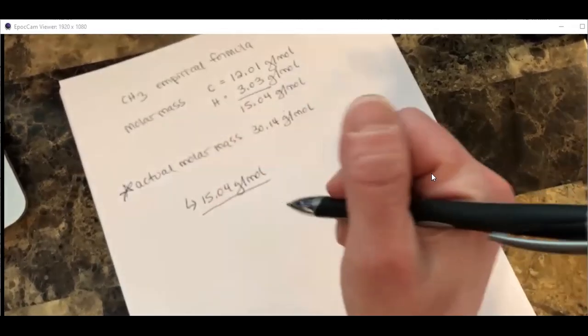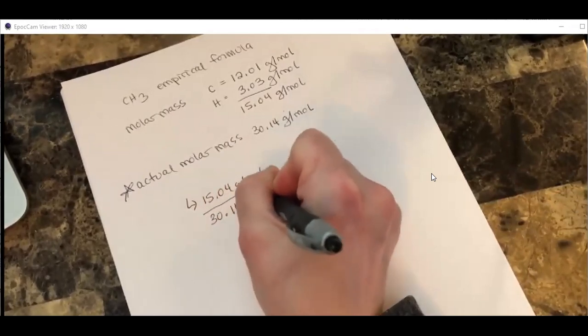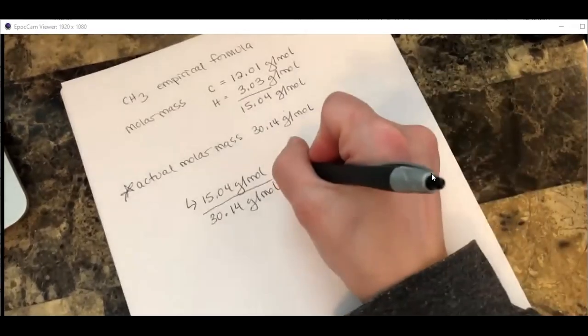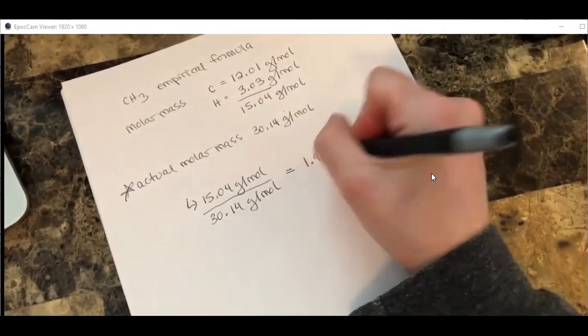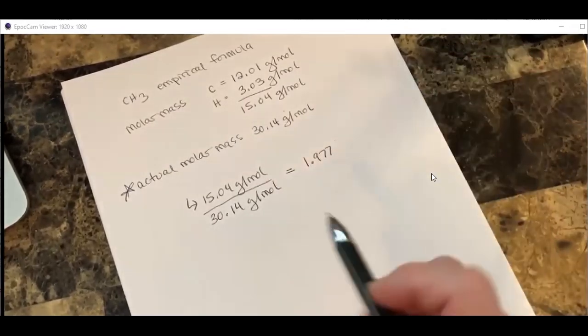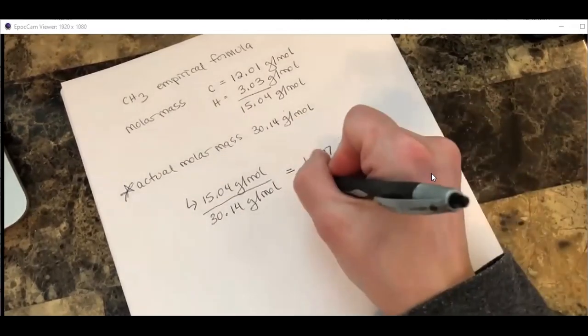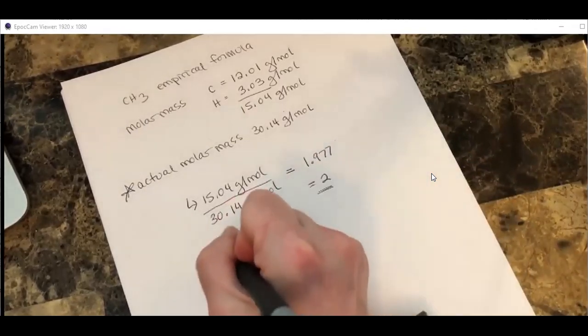So we'll just go with it and see the process. So it's divided by 30.14 grams per mole. When you divide that out, you're going to get 1.977, which is the ratio. So we're going to round this up to 2. This number is going to get multiplied.